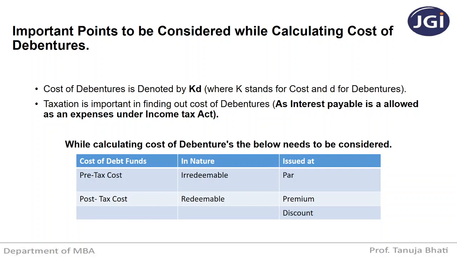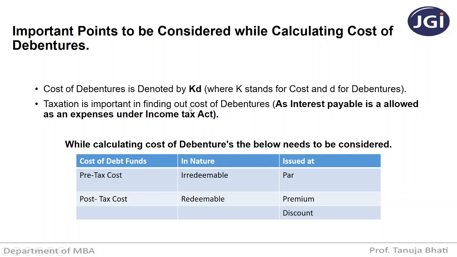It is calculated by deducting all your expenses from your incomes. So, whatever interest the company is going to pay to the debenture holders, the government is saying this particular expense can be deducted from your income in order to pay tax.